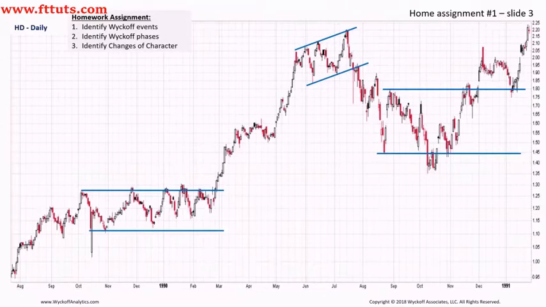Okay, and in the first trading range, one of the things I noticed is that of the three lows between February and March, the third one is a higher low, right? The second one is kind of on the same level.